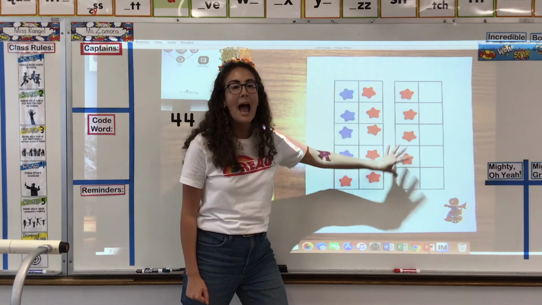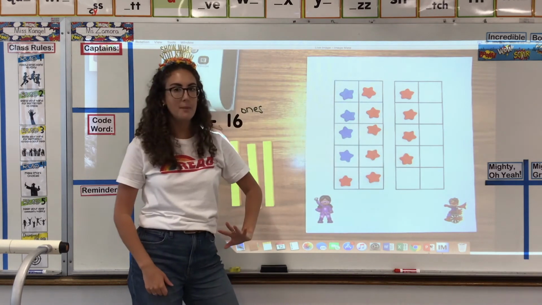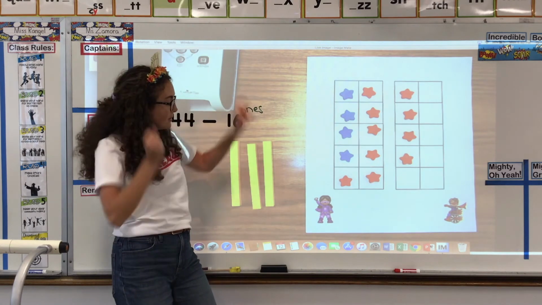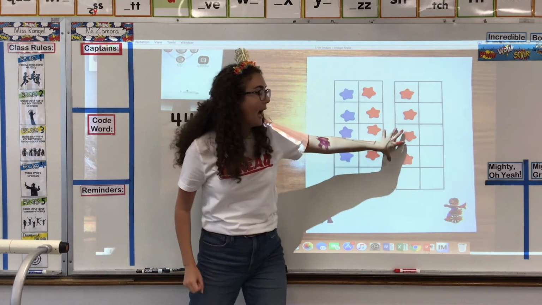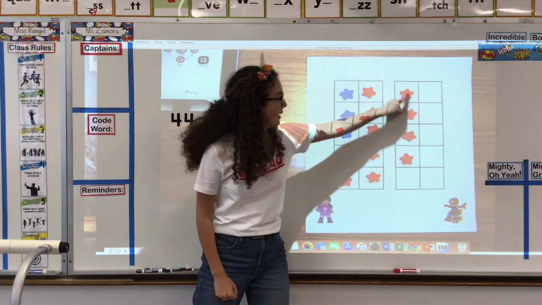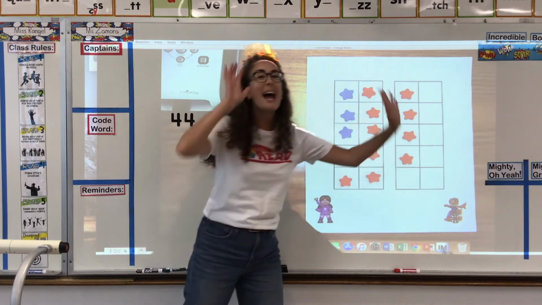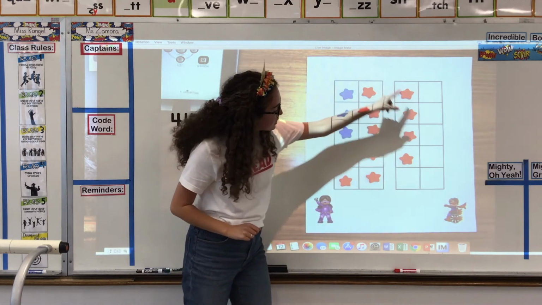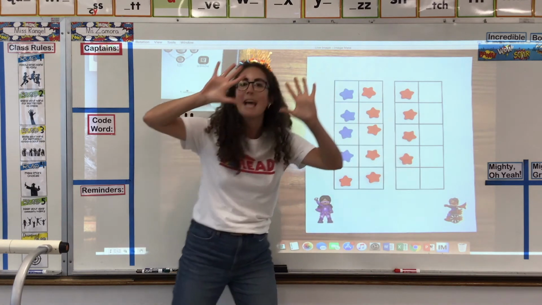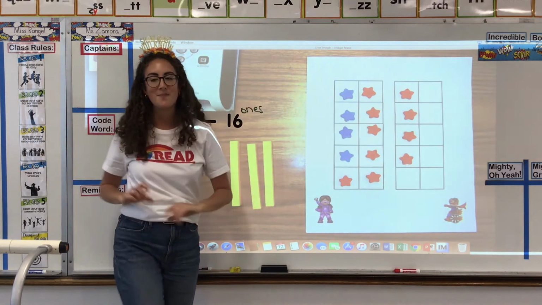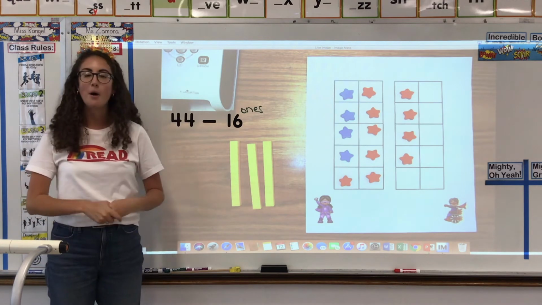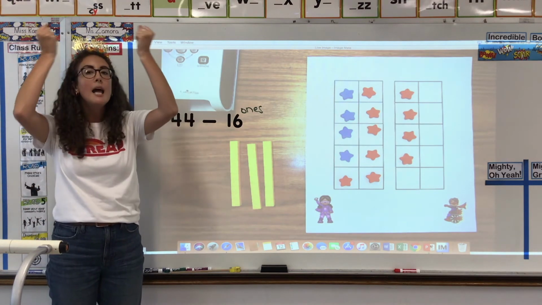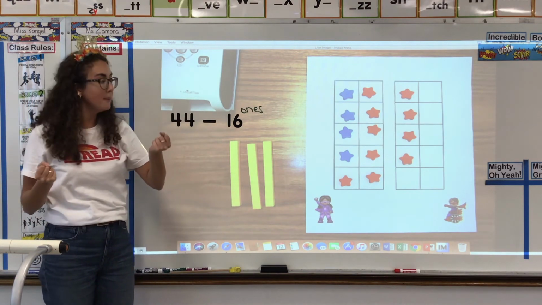My friends, how many ones did you make? When you unbundled a 10, you made how many new ones? You added 10 ones. You can see by my orange stars, we made 10 ones. Awesome. Okay, so we unbundled our first big step.